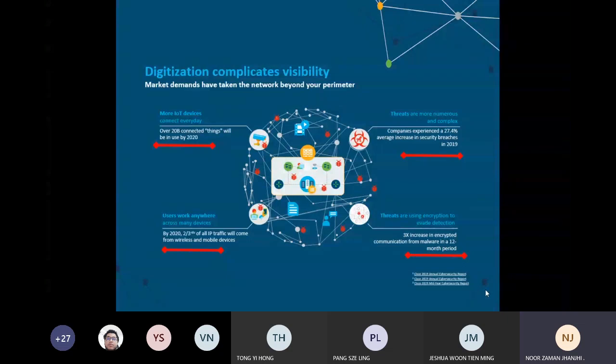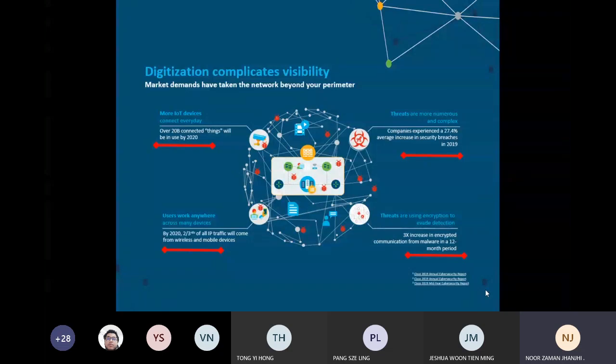Mainly they are trying to attack the communication channels. This is the more dangerous thing. They say its ratio is almost three times more each year. While we are moving ahead, the attack ratio is increasing three times more.